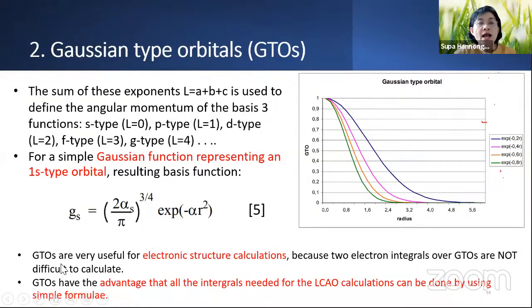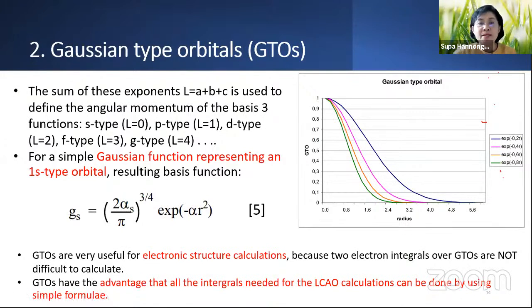So the GTOs are very useful for electronic structure calculations because the two electron integrals over the GTO are not difficult to calculate. The reason is that the exponential of r squared is easier to solve.